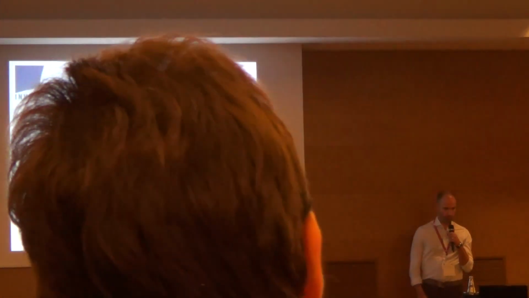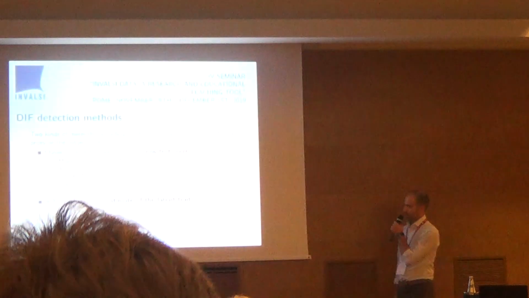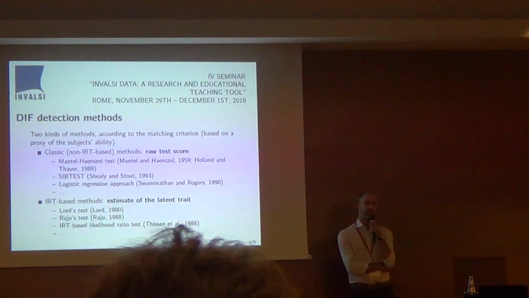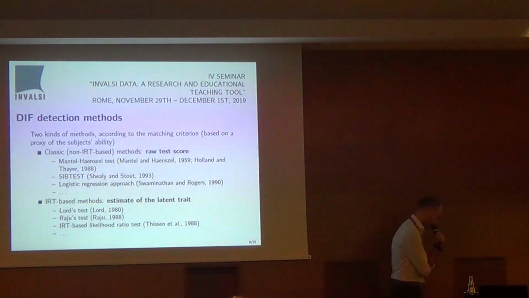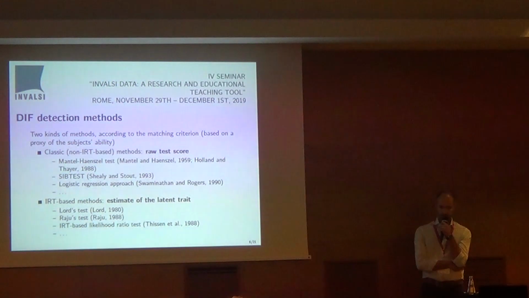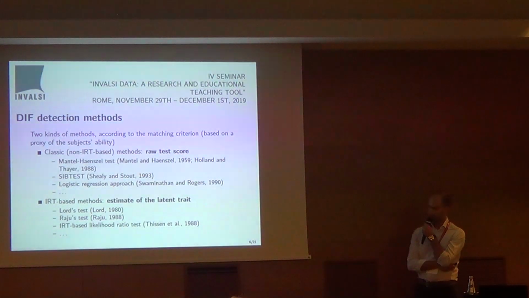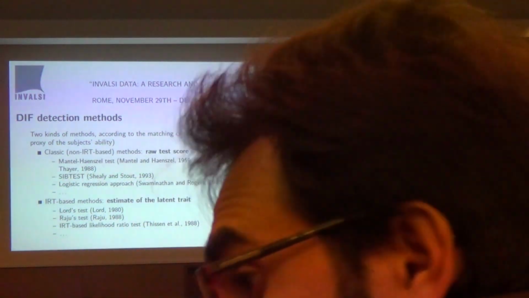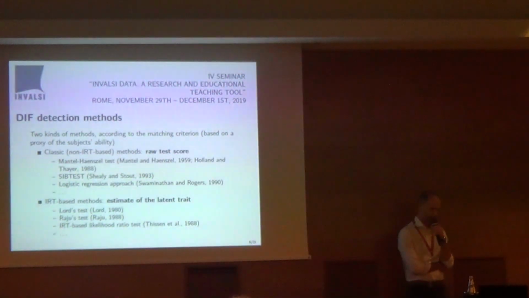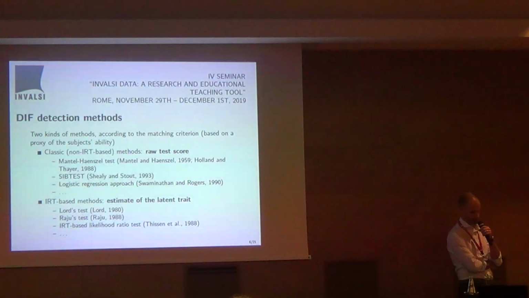We have two types of detection methods, basically related to the framework. We have classic methods that use the raw test score as matching variable, for example the Mantel-Haenszel test, SIBTEST, and the logistic regression approach.